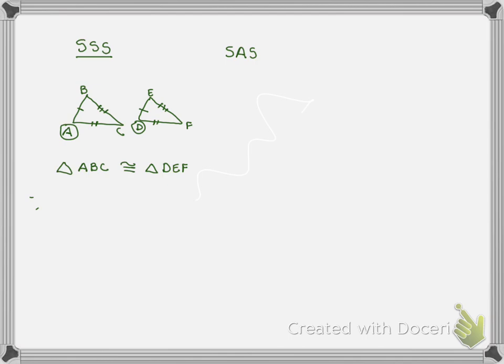B and E likewise, and C and F likewise. SSS is the first triangle congruence postulate that we learn because it makes the most sense. It's the easiest one to recognize.